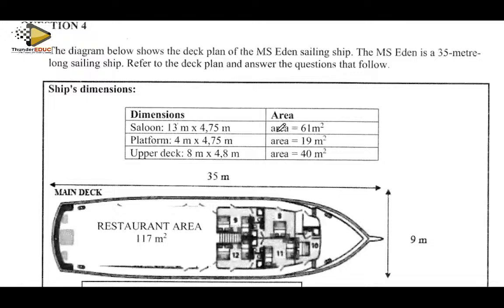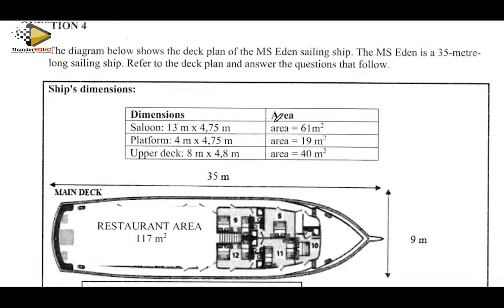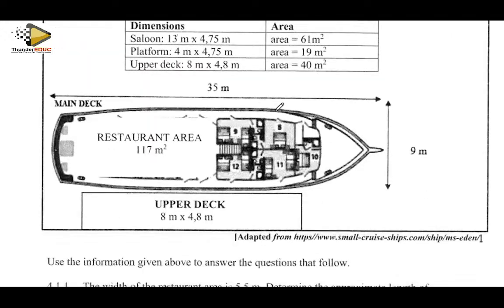All right, we look at question number 4. The diagram below shows the deck plan of MS Eden sailing ship. The MS Eden is a 35-meter long sailing ship. Refer to the deck plan and answer the questions that follow.